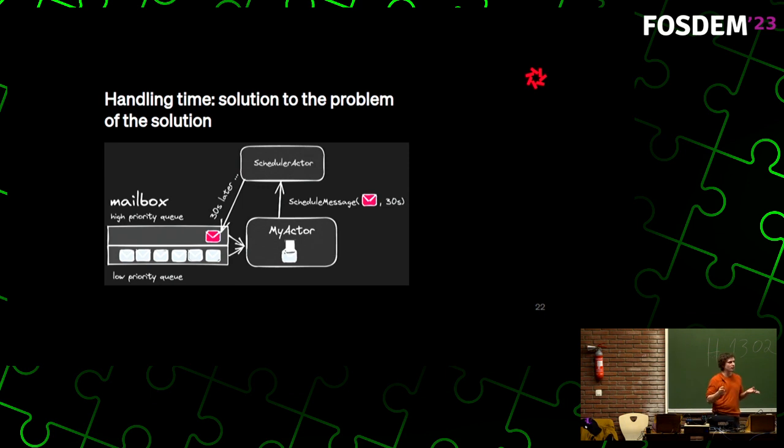They have 2 queues. One is a low priority queue, the usual one. And we have a high priority queue. And the scheduler will put that in the high priority queue. So as soon as the actor has finished dealing with the message that it was processing at the time, it will jump on this scheduled message, and we will get our nice 30-second callback.